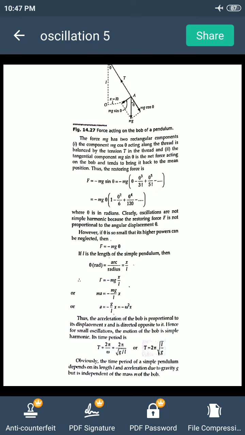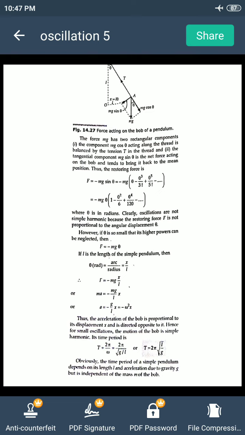So a equals minus omega square x. Thus the acceleration of the bob is proportional to the displacement x and is directed opposite to it. Hence for small oscillation the motion of the bob is simple harmonic.